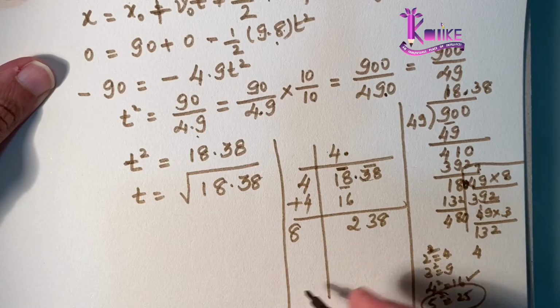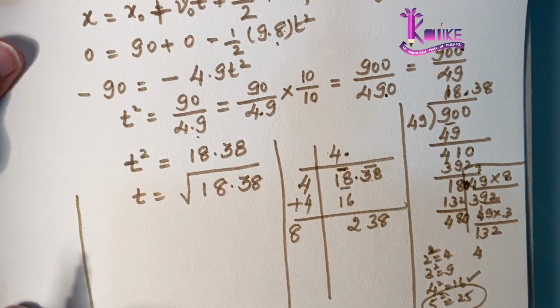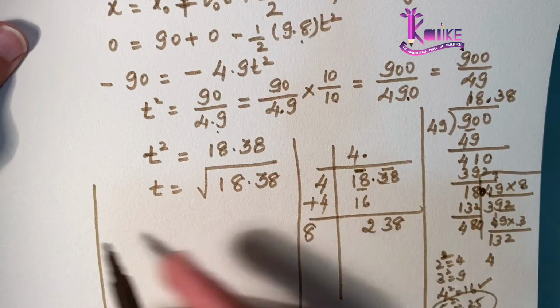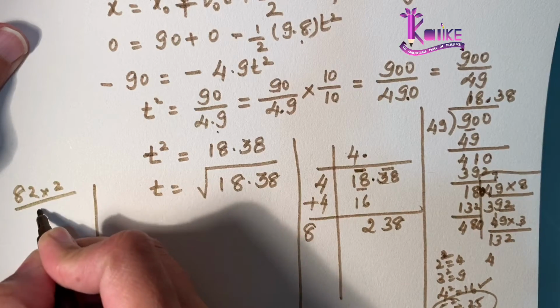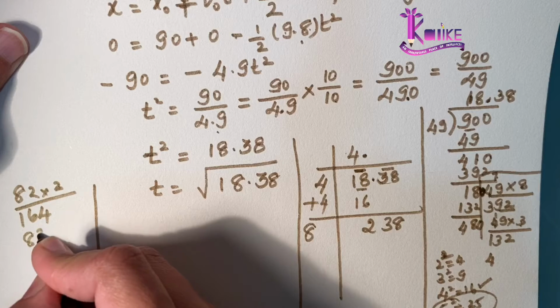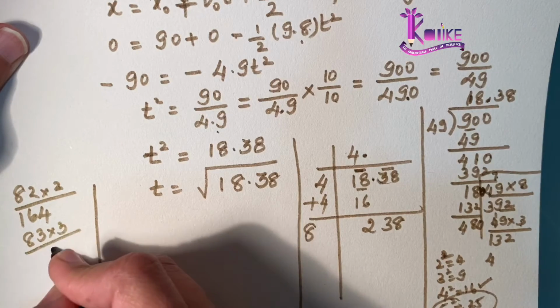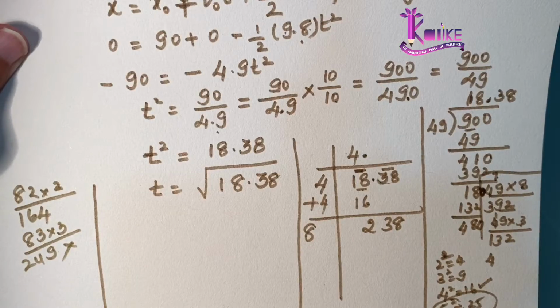Now you have to choose the number in such a way that you get almost. So I'll do the working here because I do not have enough space there. So therefore, let me choose 82 into 2. So that will be 164. If I choose 83 into 3, that will be 9 and this will be 24. So this is a larger number. I can't take it.